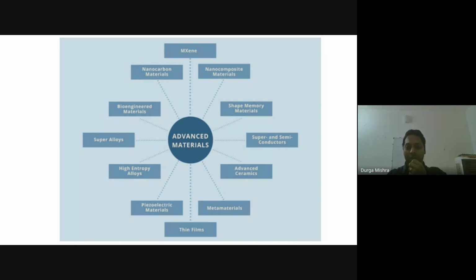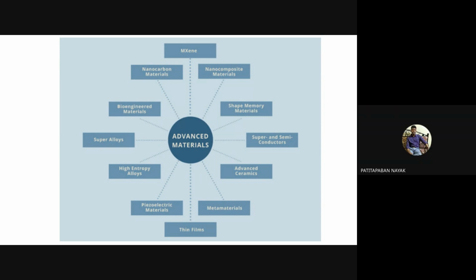This is a different technique, and the chemical process is a different technique. If you are interested, I can give an overview of thin film synthesis. These are all part of the course, but everything cannot be discussed or completed here in this limited time.